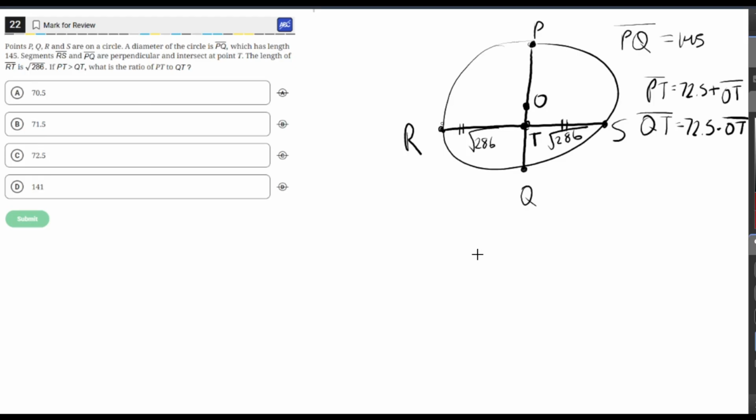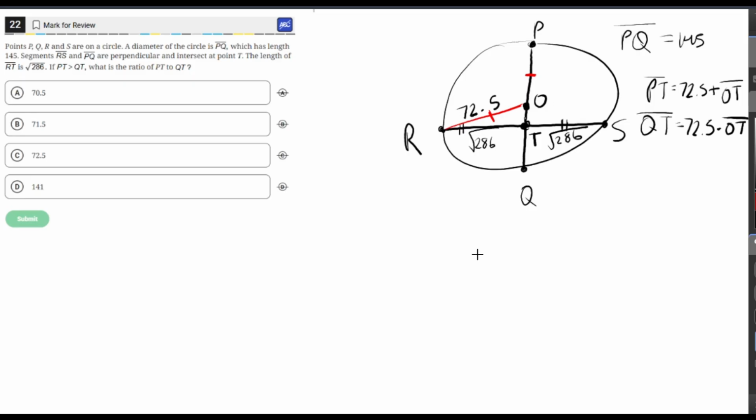This is also a radius. So we know that this is a radius, and if this is 72.5, then this must also be 72.5 because radii are always equal to each other.